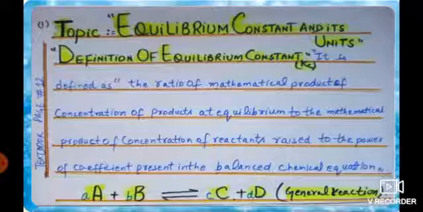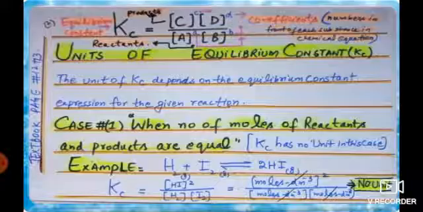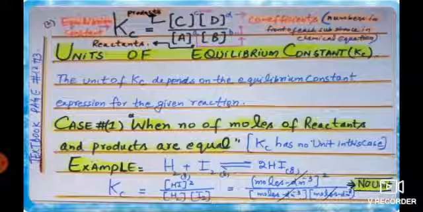So look at the general equation, like a moles of A will react with b moles of B and result in the formation of products. Then the Kc, equilibrium constant expression, can be written in the following way, in which the coefficients are denoted by the small letters c, d, a and b.